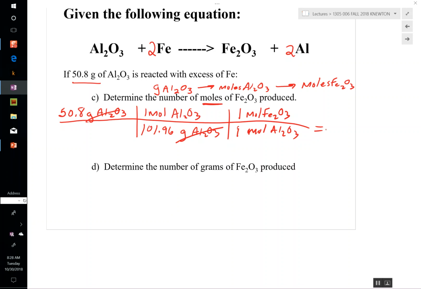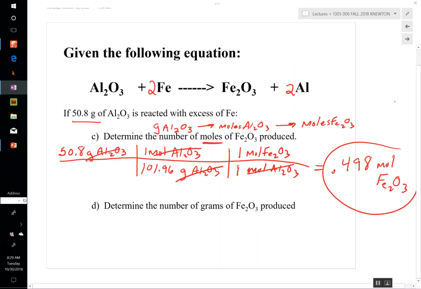So use the factor all the time, even though it's 1 to 1. 1 times any number is that number. It's not going to change the number, but it does convert moles of aluminum oxide into moles of iron oxide. And what did you get in the answer? 0.498. All right. And, you know, label your answer. What do we got right now? 0.498 moles of iron oxide.